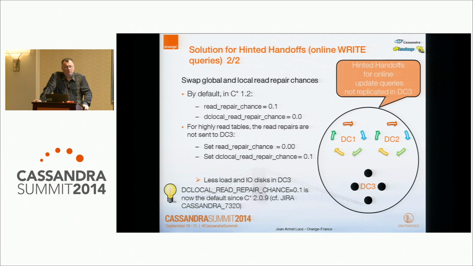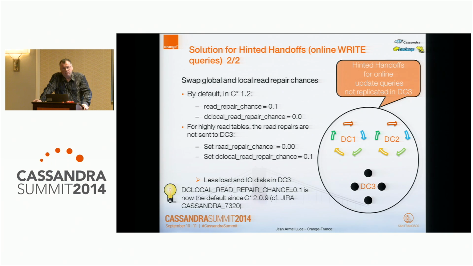It means that when we execute 15,000 read queries per second, 10% of these read queries generate a global read repair. It means that there are 1,500 read queries executed in the third data center, which makes some load on the nodes in the third data center and also some disk I/O.